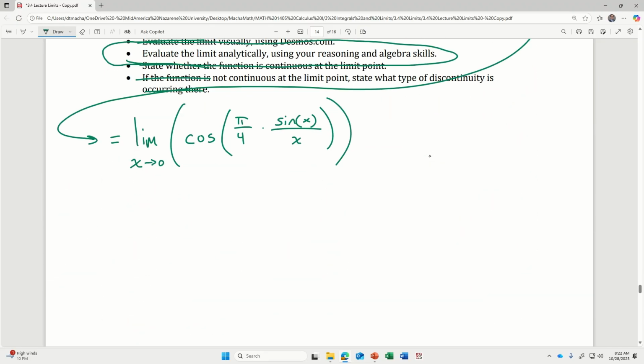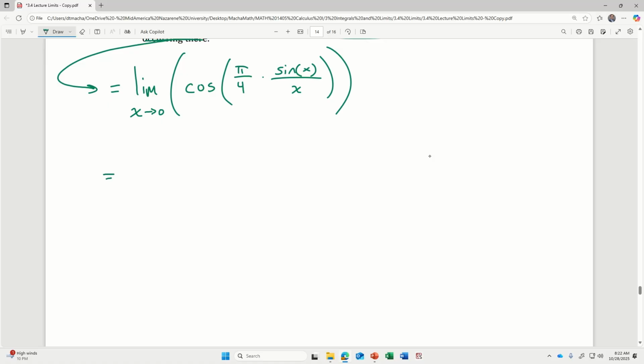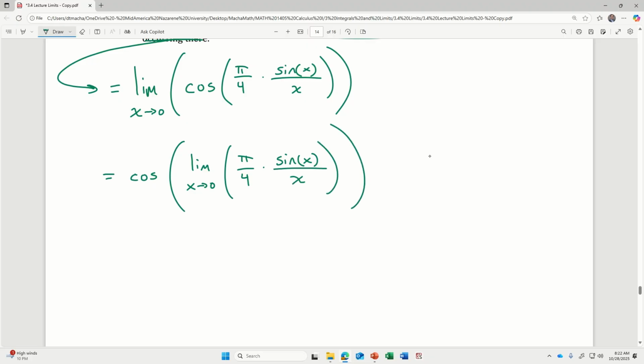I'm going to move the limit inside of the cosine. And I'm allowed to do that because cosine is continuous everywhere.